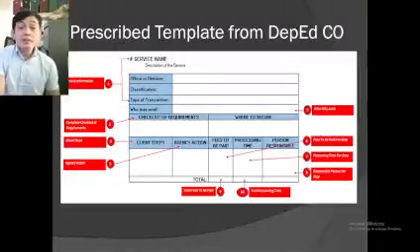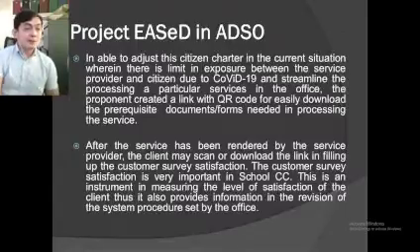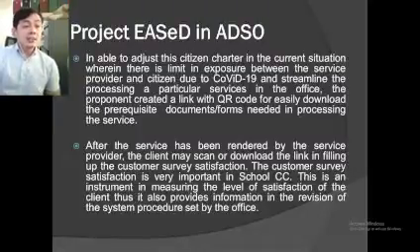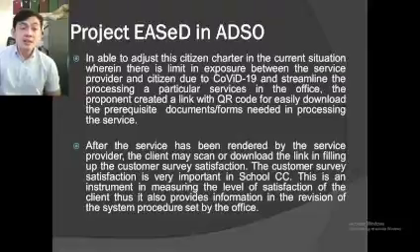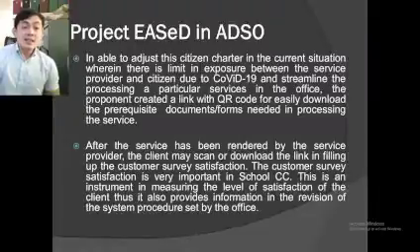sample services, in which I incorporated my innovation. The project in ADSO is able to adjust the Citizen's Charter to current situations wherein there is limited exposure between the service provider and citizen due to COVID-19, and to streamline the processing of particular services in the office.